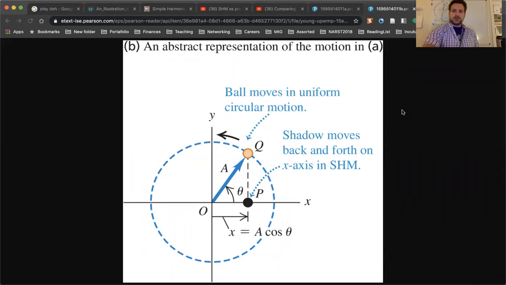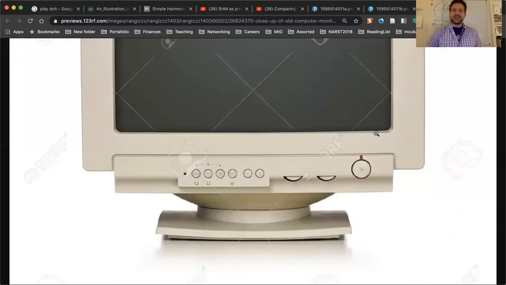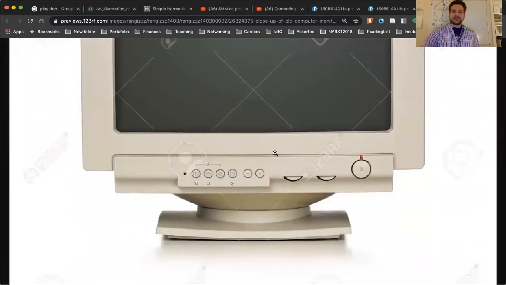There's one more I want to show you. Anytime you think about a trigonometric function, think about an old cathode ray computer monitor.